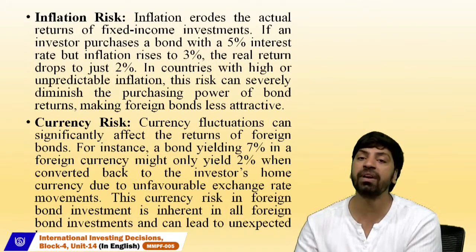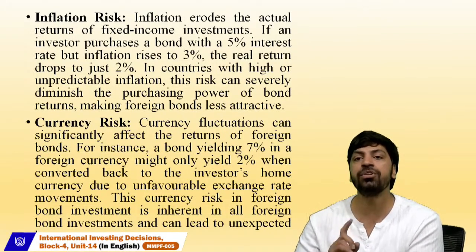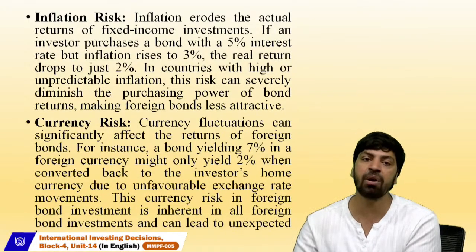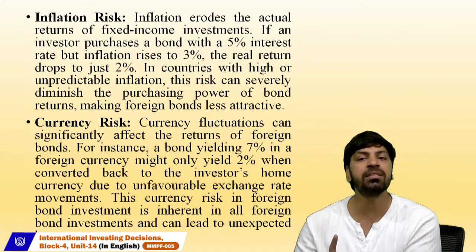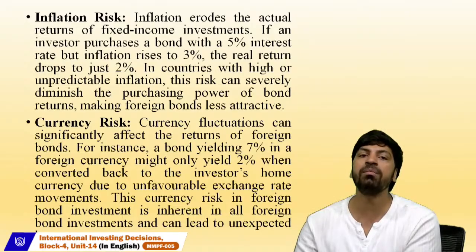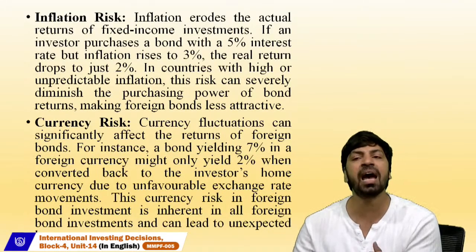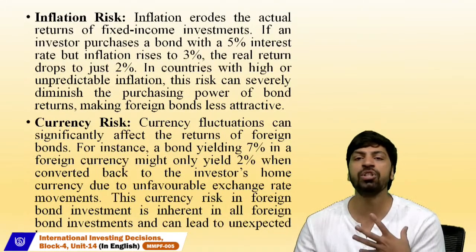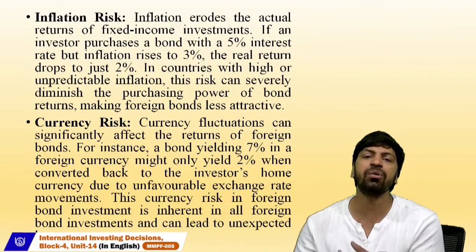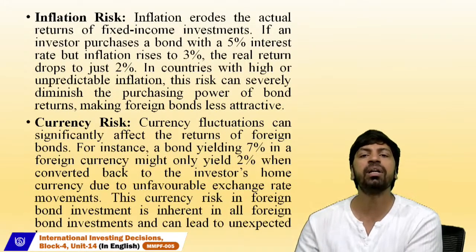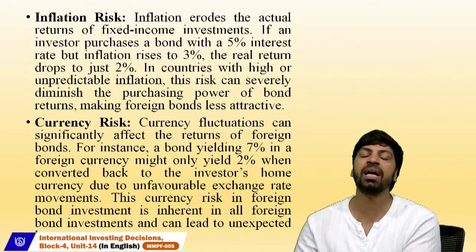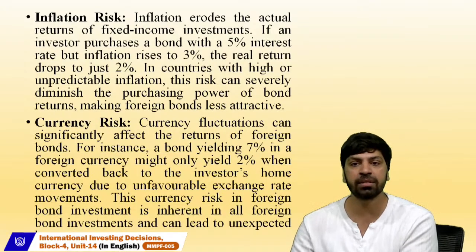That is unfavorable, and it is just due to unfavorable exchange rate movements or fluctuation, and this is called currency risk. Currency risk is inherent in all foreign bond investments because it could change any second or minute, and leads to unexpected losses.